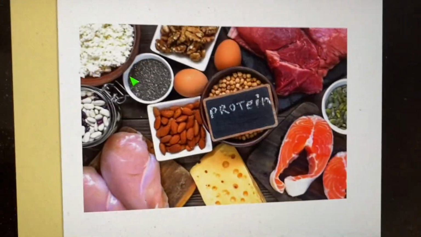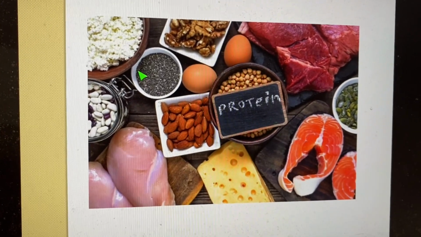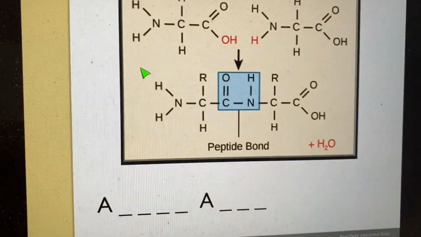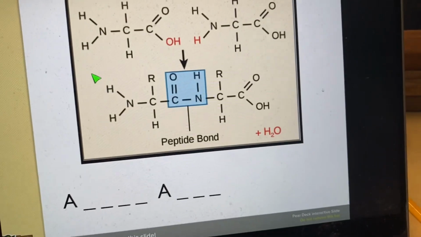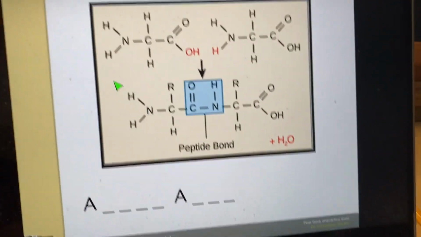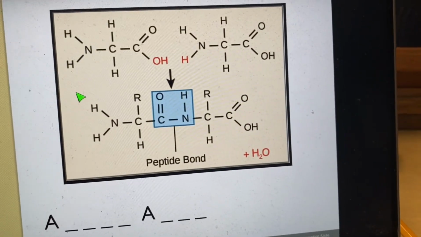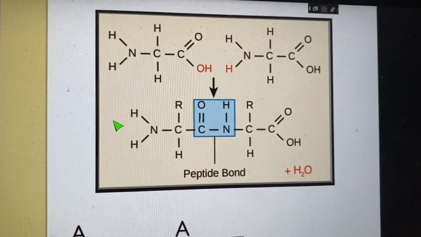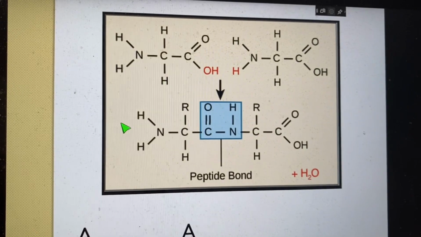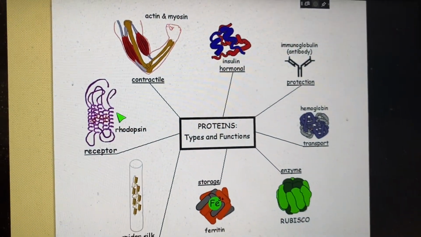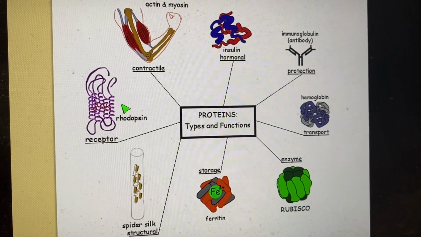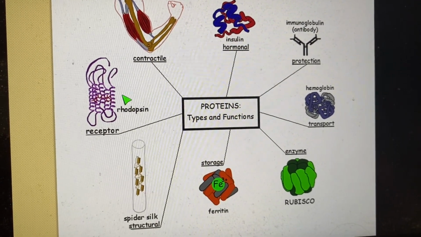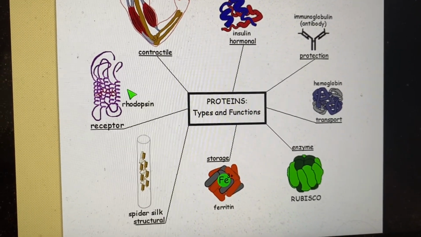Our last, maybe the most important to biology, are the proteins. Proteins are used for so many things. Their monomers are called amino acids, right? And proteins can be structural, they can be used in hormones, they can be used in neurotransmitters, they can be used as receptor molecules, they can be contractile, they can be enzymatic, right?